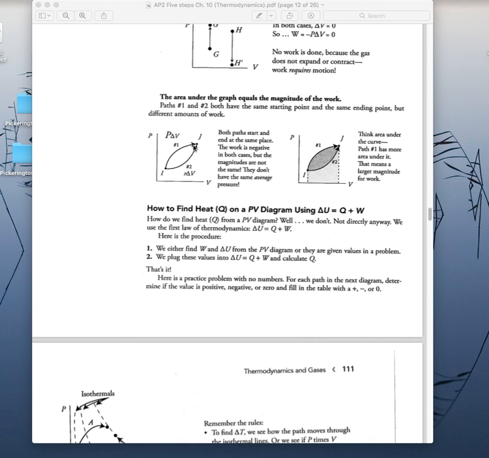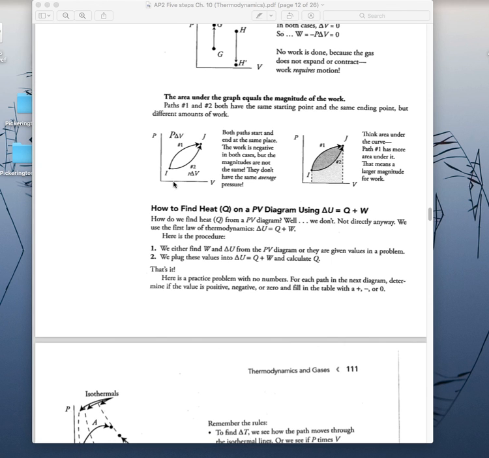So if we do something like this and something like this, you're increasing here as you go from I to J. You're basically having work done by the system, or negative work done on the system as it expands. And because that's done at a higher pressure and temperature line than you would have here, you would actually have more work done on the outside world by the system on line 1 than line 2.